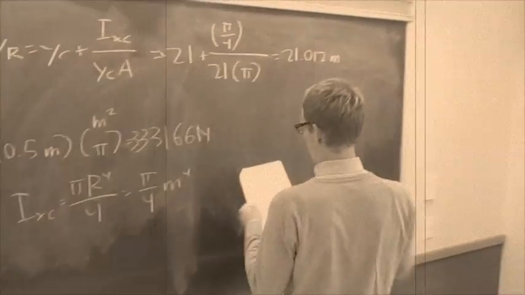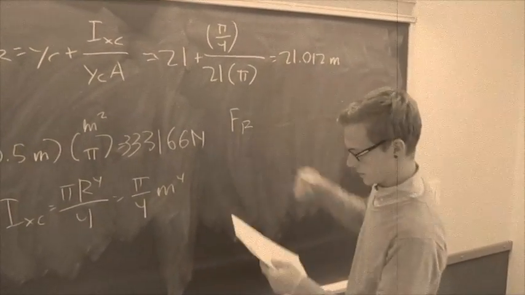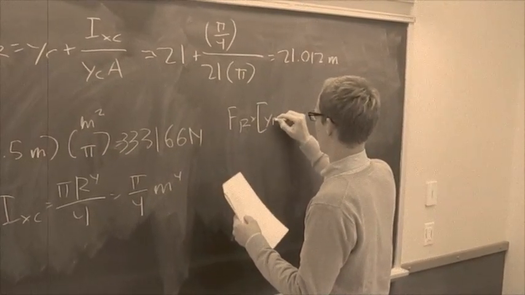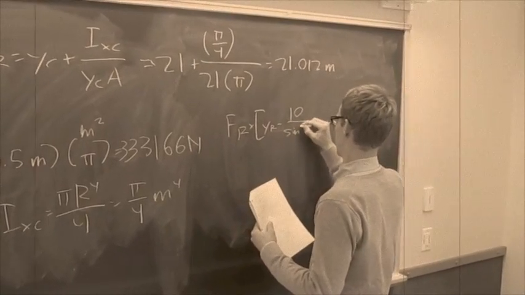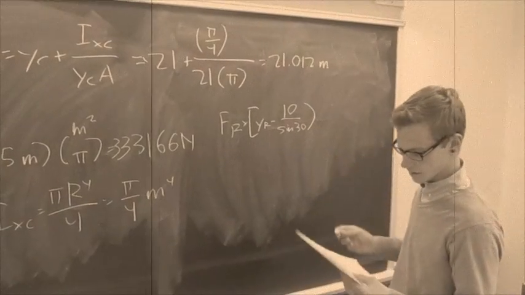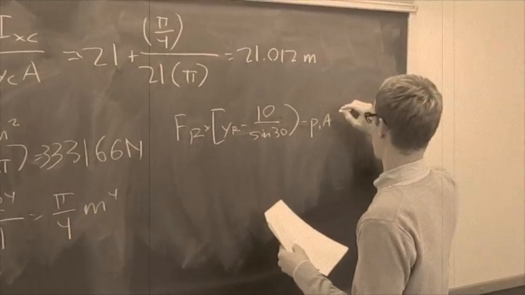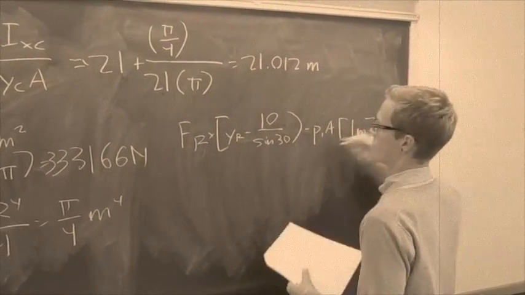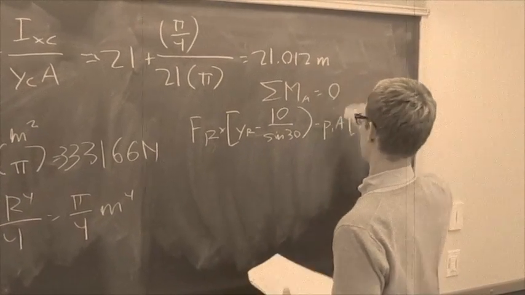So you obtain that, you know Fr will be acting in a positive sense, trying to turn it, so times Yr minus 10 sine 30, which is the distance from the surface to the hinge at A, minus P1A times 1 meter, equal to 0. And this whole thing is summing moments about A equals 0.